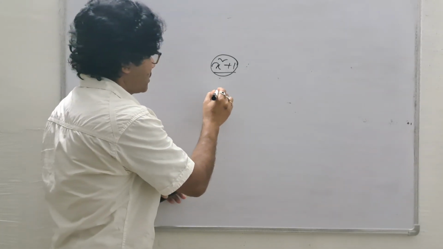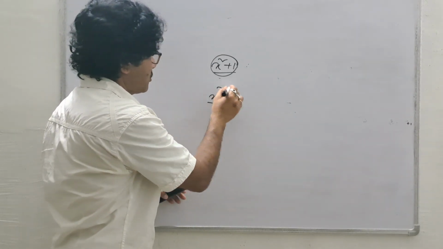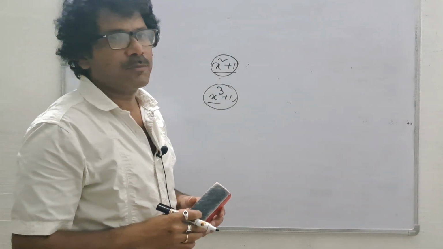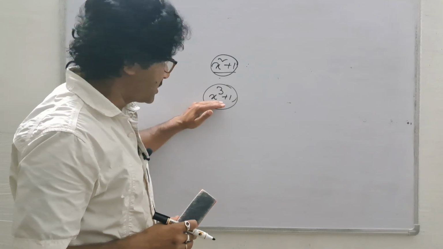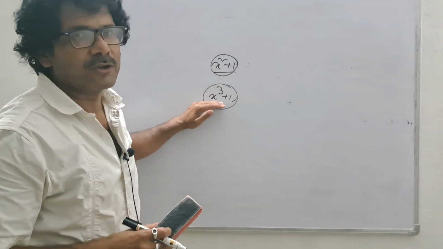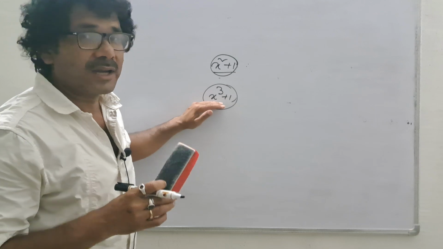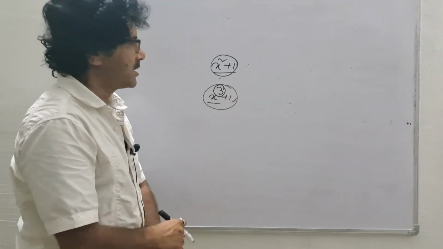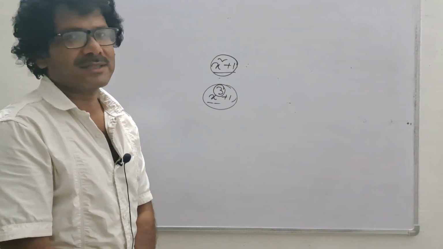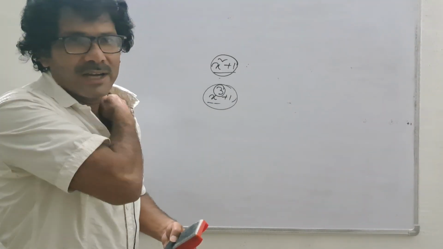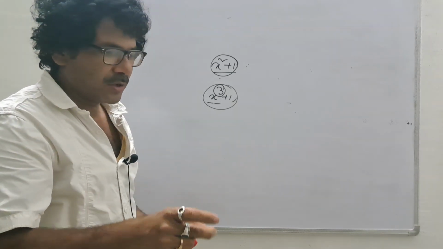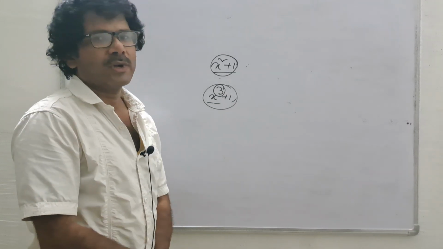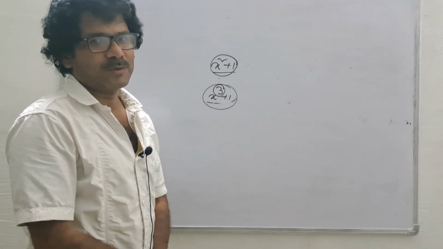Similarly, you see this is a cubic polynomial. At how many points does the graph of this polynomial intersect the x-axis? Just watching this, you cannot say that it will intersect the x-axis at 3 points, or that this polynomial will have 3 real zeros.